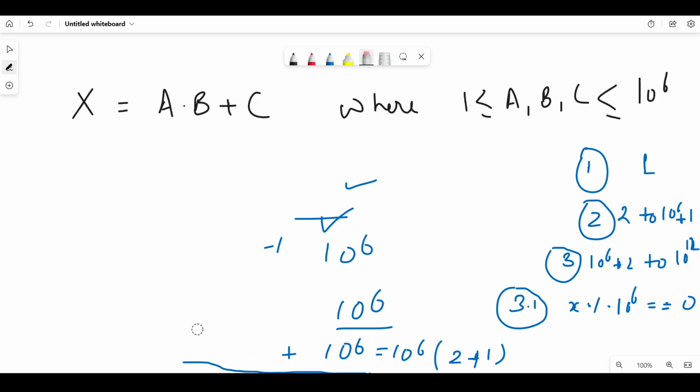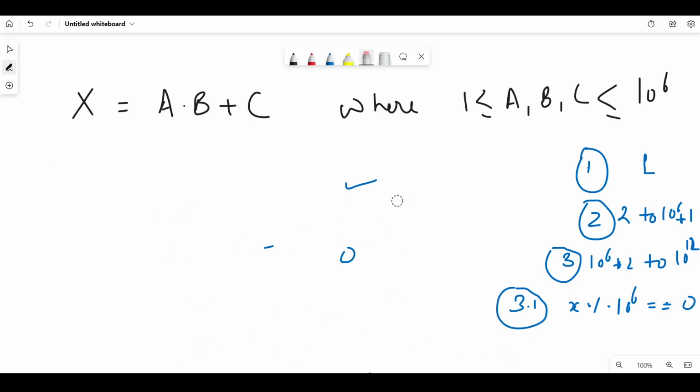Suppose it is not divisible by 10 to the power 6. Then in this case, when it is greater than 10 to the power 6 plus 1, meaning it is from 10 to the power 6 plus 2 to 10 to the power 12, and it is not divisible by 10 to the power 6, so x modulo 10 to the power 6 is not equal to 0.